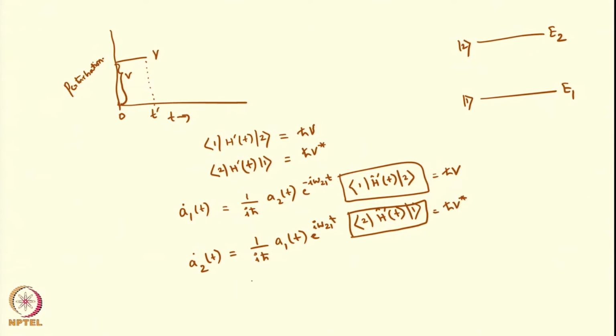I can rewrite these equations as the following: A1 dot t is equal to, this h bar and this h bar will cancel, and the I in the denominator will go to the numerator as minus I. So, minus I v A2 of t e to the power of minus I omega 21 t, that will be A1 dot, and A2 dot t will be equal to minus I v star A1 of t e to the power of I omega 21 t. Okay.